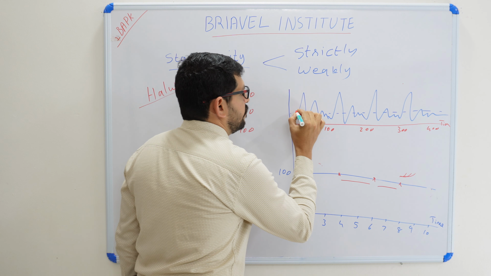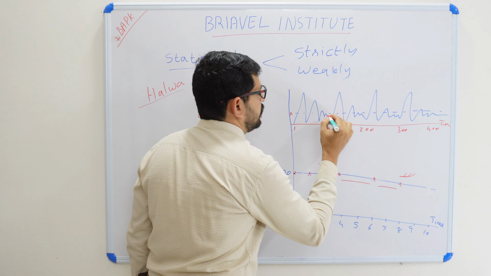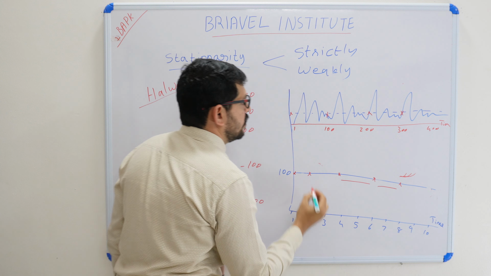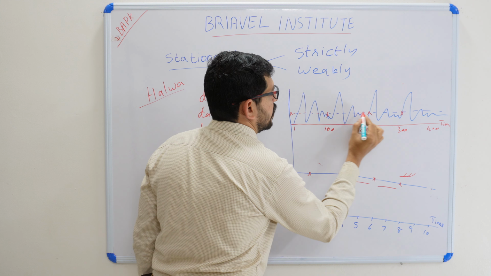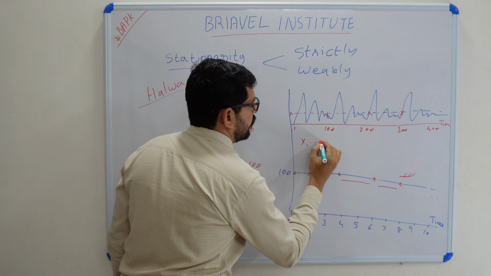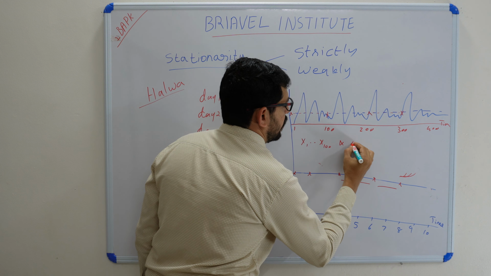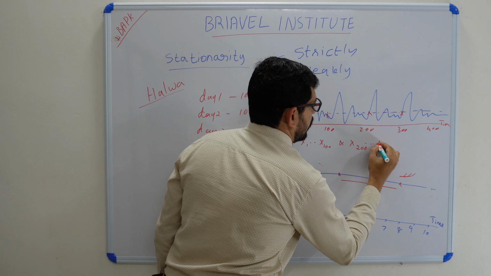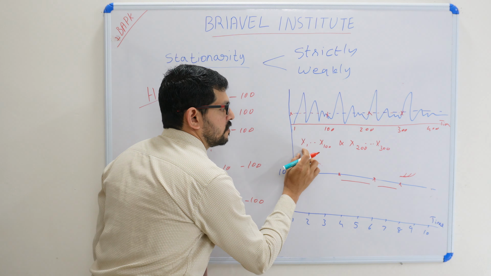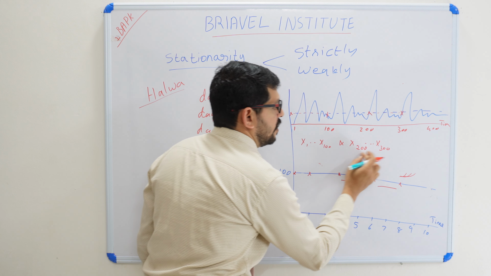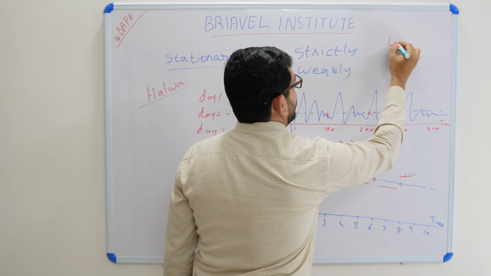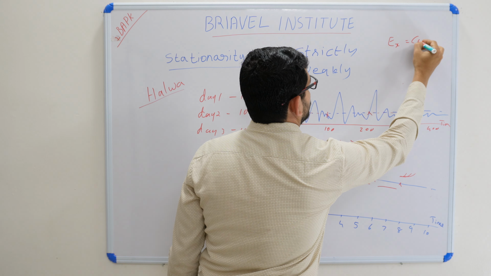If you compare the first 100 time points with 200 to 300, that is, h1 to h100 and h200 to h300, then in this process the expectation of h should be constant.